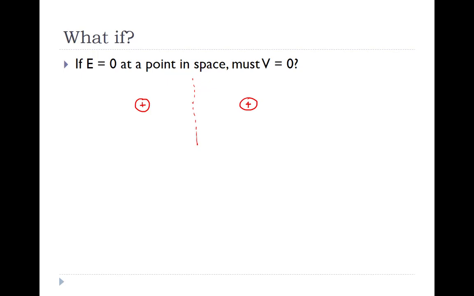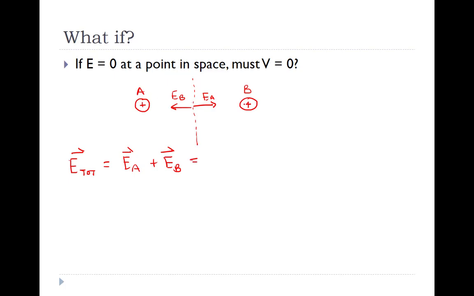So remember, at this spot, if I call this one A and that one B, then the electric field from A will point out of A, and the electric field from B will point out of B. And so now I can write that the total field will be, in vector form, EA plus EB.